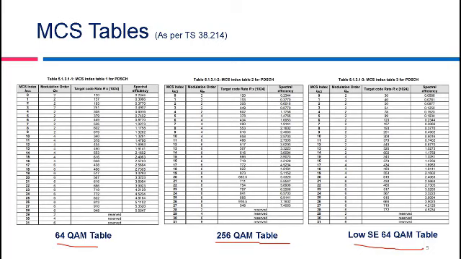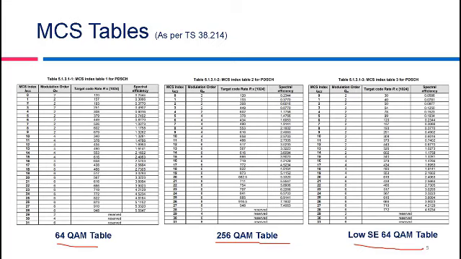This third table is specifically used for applications which require reliable data transmission and low latency communication. As per 3GPP use case, this table is very suitable for ultra reliable low latency communication.